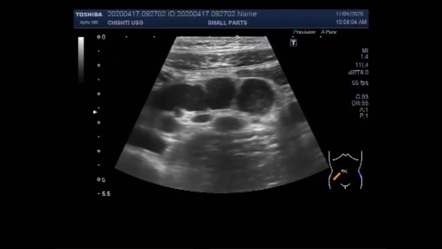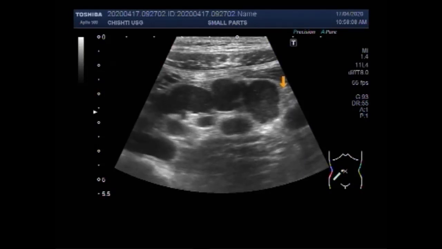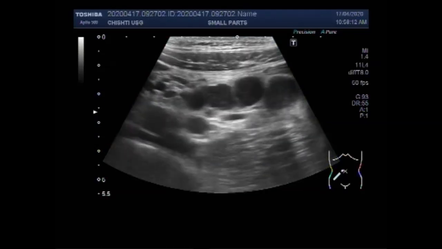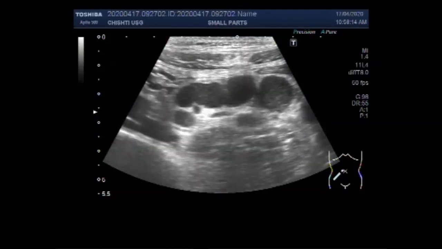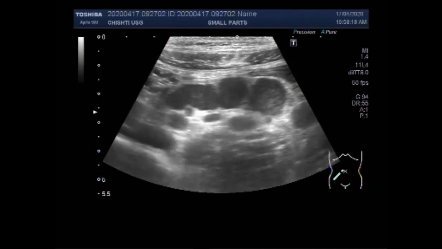Now these are the mesenteric lymph nodes in the right iliac fossa. Multiple enlarged lymph nodes are seen along the iliac vessels.